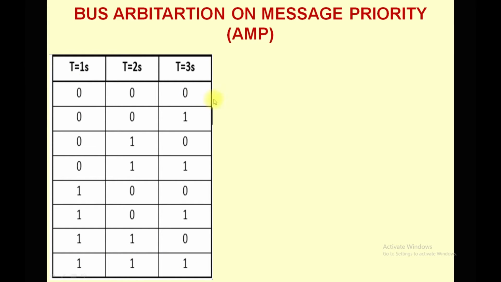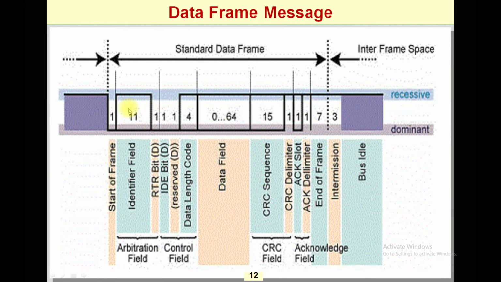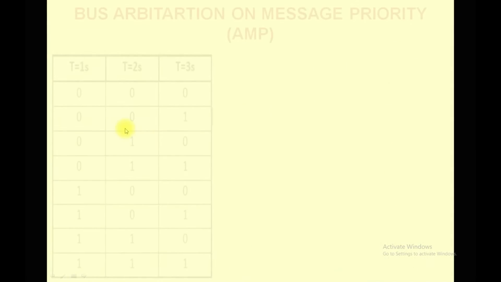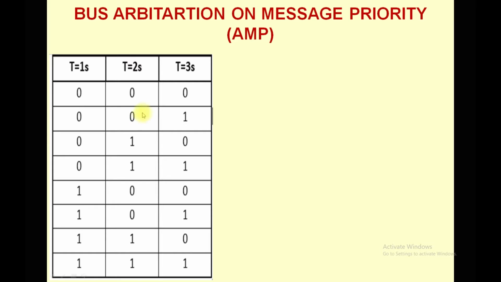So this 000, 001, 010, 011, 100, 101, 110, 111 is nothing but message IDs. Instead of the 11-bit message ID in the CAN data frame format, we are taking an example of 3-bit message IDs as we see here. So 8 nodes are competing for a single bus, and the node with the highest priority message will hold the bus.